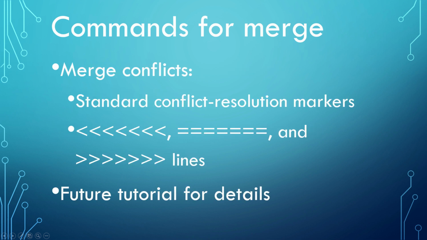If there are conflicts, Git will add standard conflict resolution markers. Resolve those conflicts manually. To keep this tutorial session focused on the main topic, I will skip the details of how to resolve merge conflicts and leave it as a separate topic in a future tutorial.